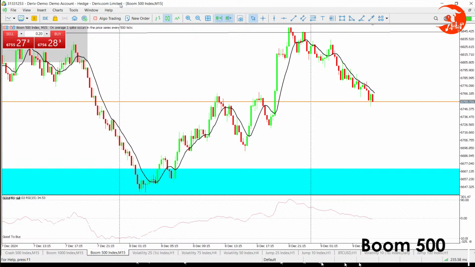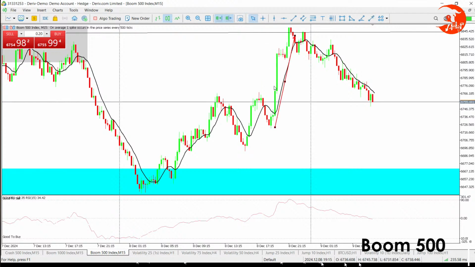On M15 we had a choke there, and then a pullback to that fair value gap here, and then the sales started, although you can see sales are having a low momentum compared to the candles that we are pushing for the buys.